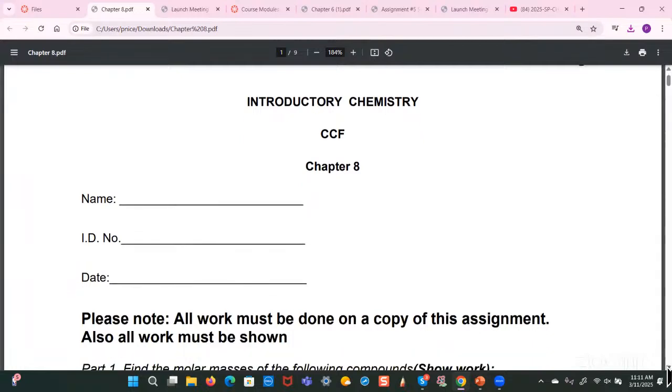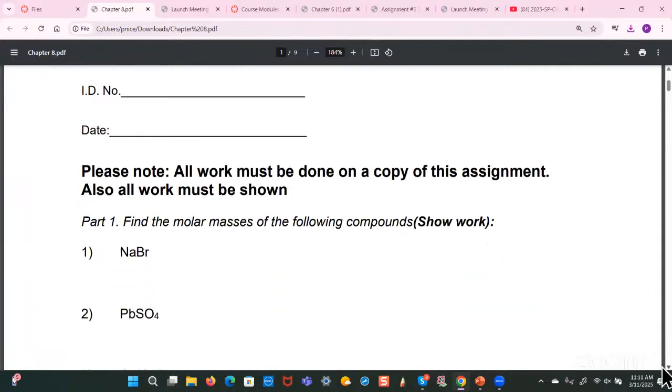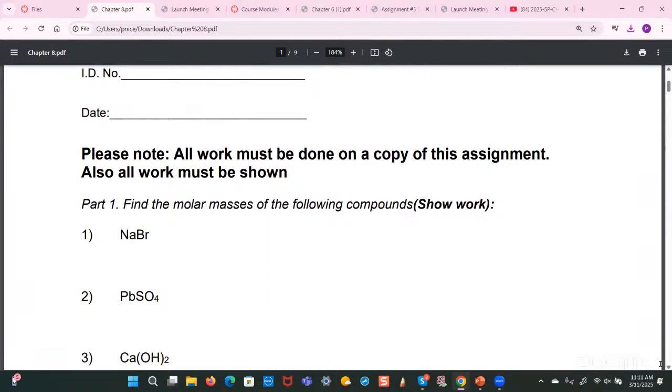So in the case of the first one, the molar mass of sodium bromide will be equal to 22.99 grams per mole for the sodium, plus for bromine, the molar mass of bromine is 79.90 grams per mole.